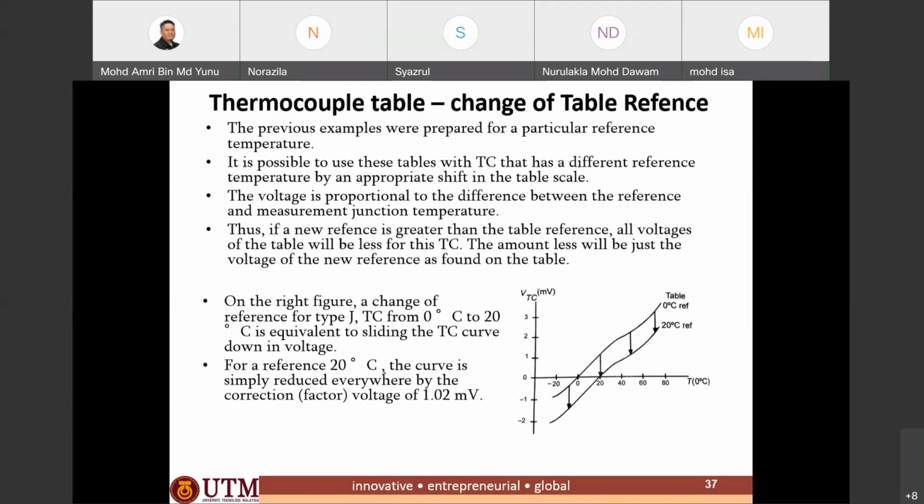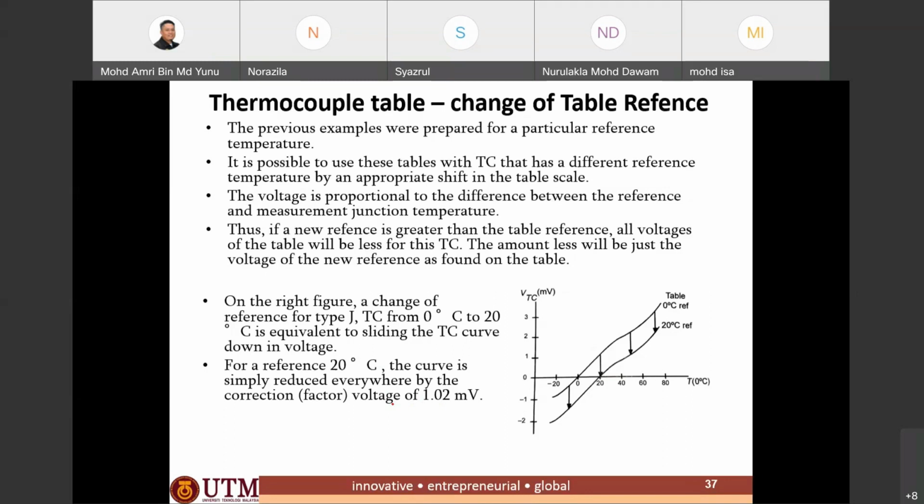In this case, the correction factor is 1.02 millivolt, for example. You have a given output, but the reference is increased by 20 degrees Celsius. How do you use the table? The table is for a 0 degrees Celsius reference.